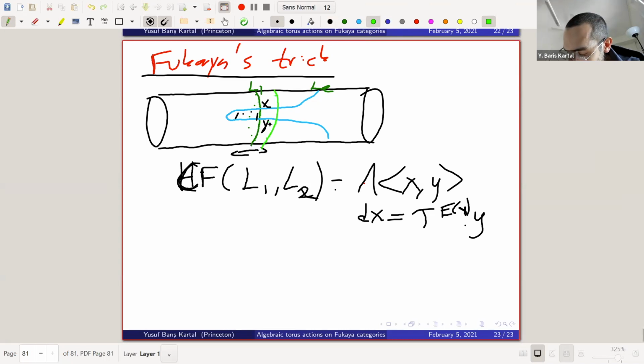L1 tilde. So L1 tilde deforms L1, let's say with, I'm being very informal here, with flux, where A is the area here.